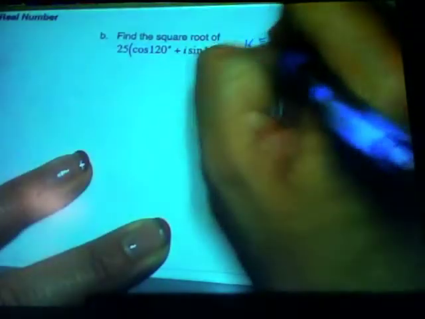Try that one on your own, and I'll quietly do it up here, but try it on your own. The more times I make you write this, the more likely you are to remember it.